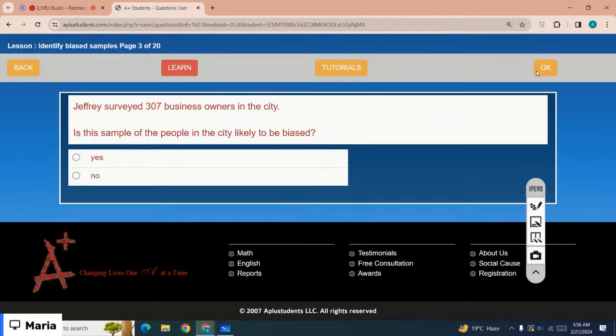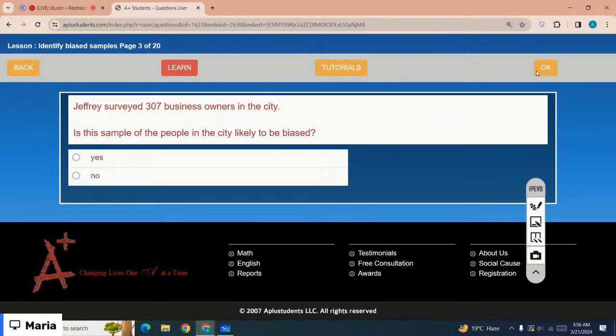Jaffrey surveyed 307 business owners in the city. Is the sample of the people in the city likely to be biased? So the correct option is yes. Because in a biased sample, some people or items are more likely to be chosen than others, right?